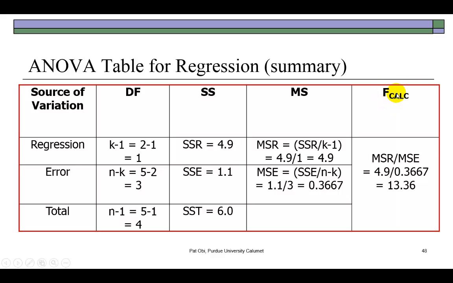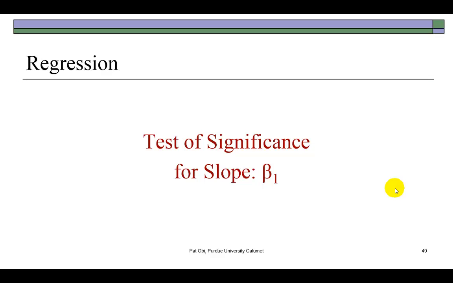Calculated F-statistic would be the ratio of these two numbers, 4.9 divided by 0.3667. So that gives us the calculated F-statistic of 13.36. So this is a beautiful summary of the test of significance for a regression.